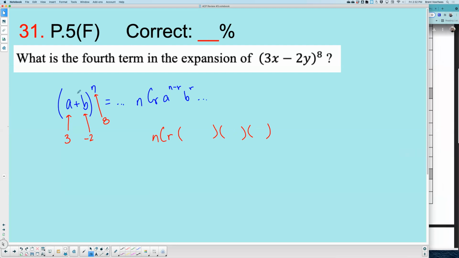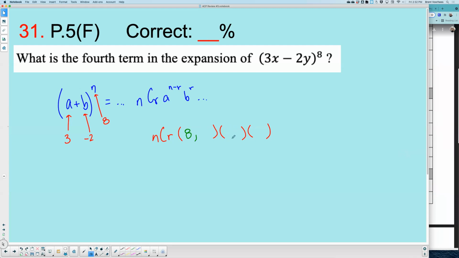I'm going to plug in what we already know. What is our n value? 8. Truthfully, the C stands for the word combination, but here's a mental technique: think of n comma r. So put a comma there, and the r will go there. We don't know what r is yet, so I'm going to move on.